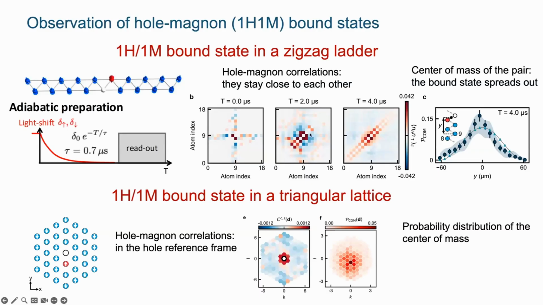You see that they are spreading out, but essentially they are always next to each other. As the hole moves, the magnon is always next to it. Therefore, the state propagates as a bound state. They don't move separately, but together. This shows that the center of mass indeed expands, so they're not just stuck together because they're prepared. Both the hole and magnon expand, but they expand together.